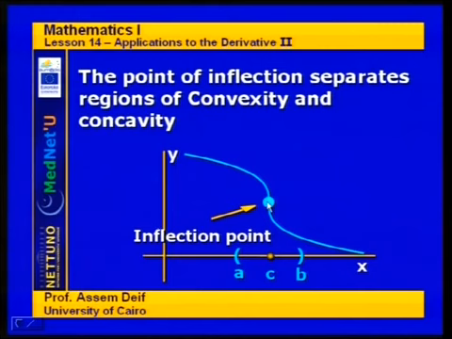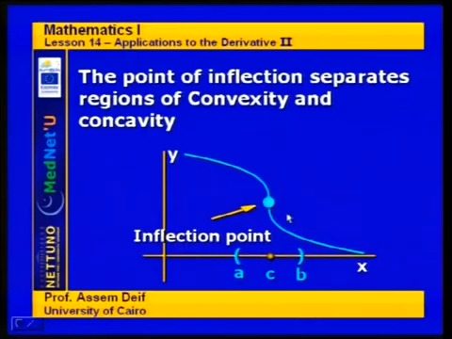So inflection points occur between two regions of convexity then concavity, or the converse, and we notice this point by the property that the double derivative is zero or does not exist.